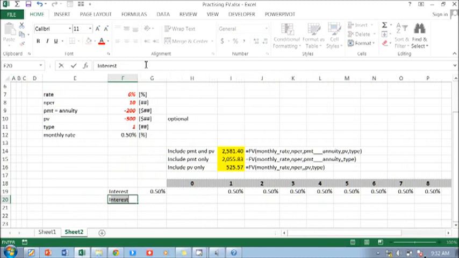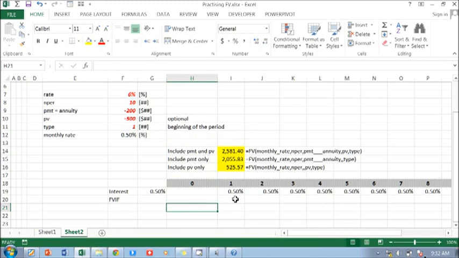Okay, this is what they call the future value interest factor. Okay, hopefully you still remember that. Because this is type 1, it means that it is at the beginning of the period, okay, and then we have to reflect the cash flow, but I will discuss that later.